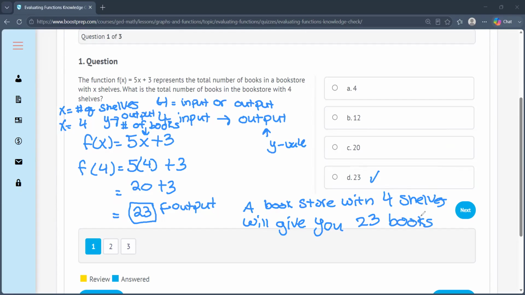This is how you say it in a complete sentence. I know they're not asking you, but it's good to know. So your correct answer is D, 23.